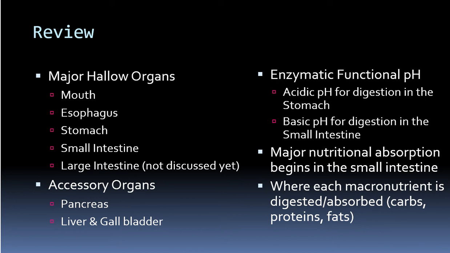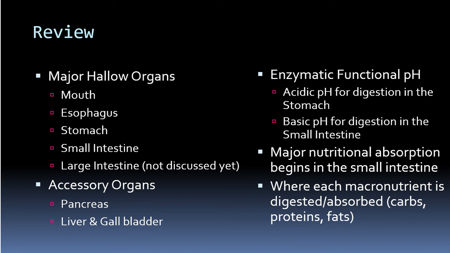We discussed enzymatic functional pH, which is essentially how the enzymes that help break apart the food material that we eat will only be functional or active at certain pH, like pepsin in the stomach needs to occur at acidic pH in order to break down proteins.